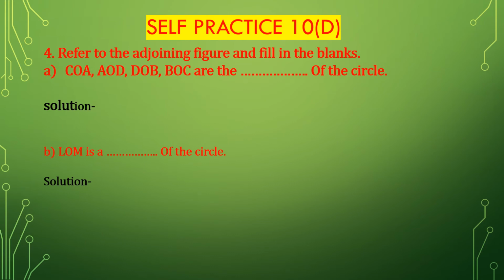Now we will solve question number 4. Refer to the adjoining figure and fill in the blanks. First draw the given figure. This figure is given. This is a circle.